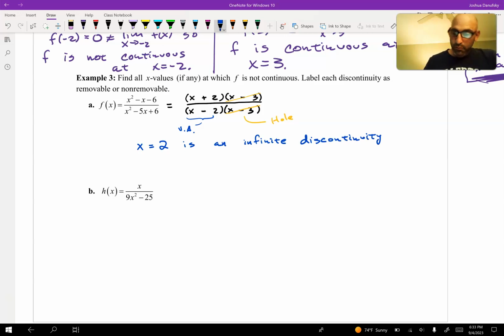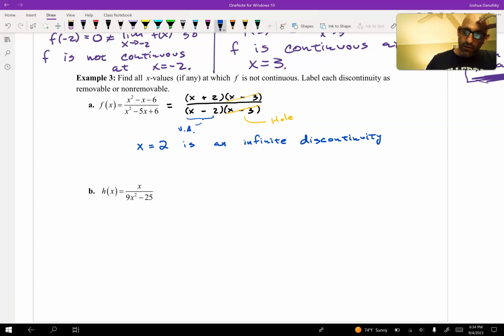The question says removable or non-removable. This would be non-removable. Removable means that you can reassign a single point or a finite number of points to make your function continuous. So I'm fine with you writing infinite discontinuity here.